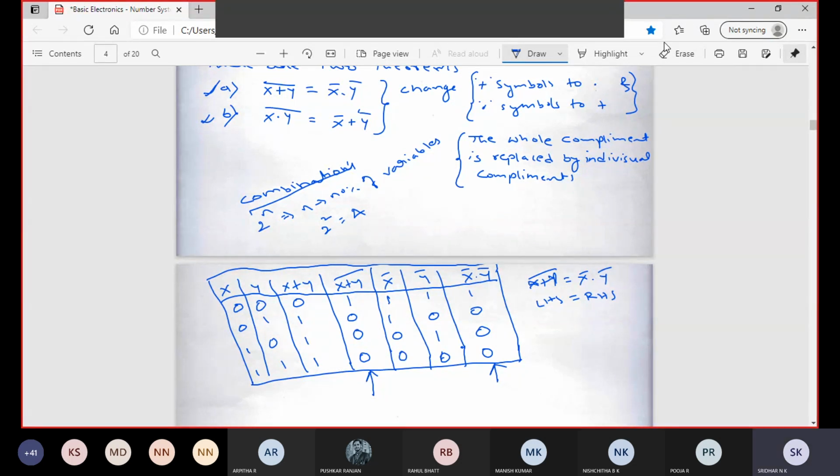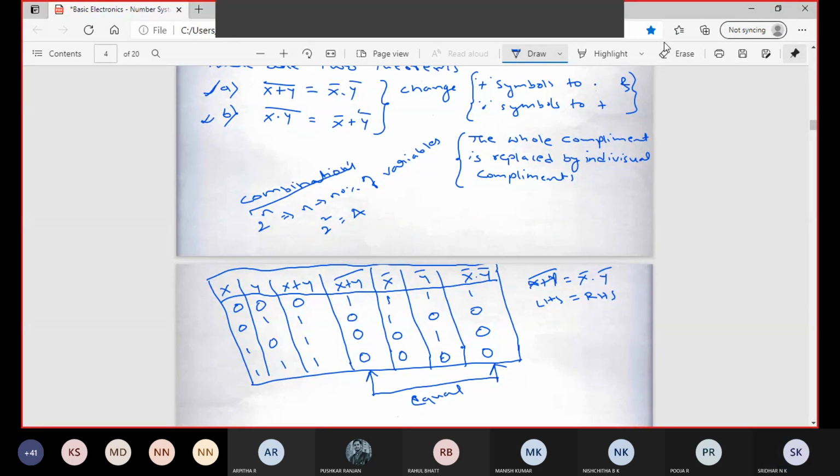Now these two are equal. You got 1 0 0 0 and 1 0 0 0, correct? That means column number 4 and column number 7 are the same. That's why the first law is proved. Understood?